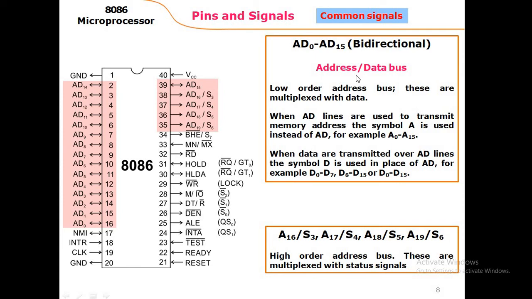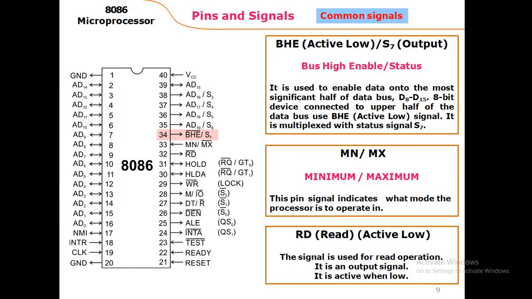The AD lines are used to transmit memory address; A is used for transmitting address, D is used for transmitting data. A16 to A19 are used with the status signals S3, S4, S5 and S6. These address lines are multiplexed with the status signals.